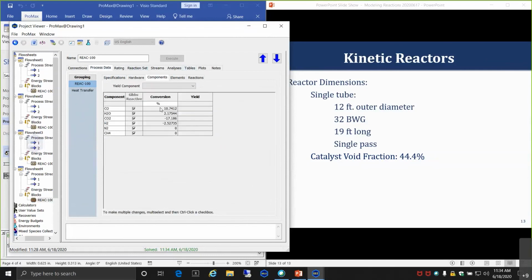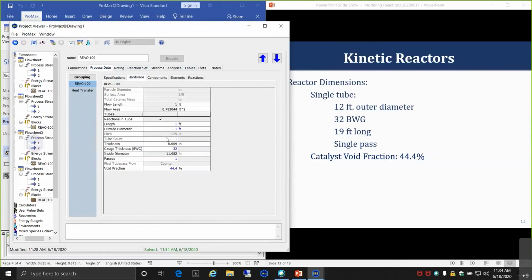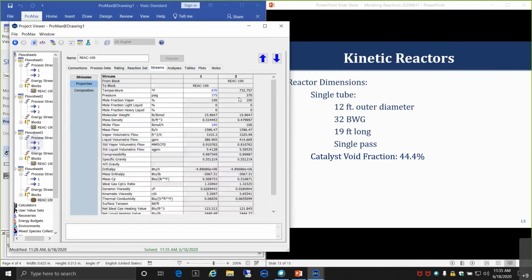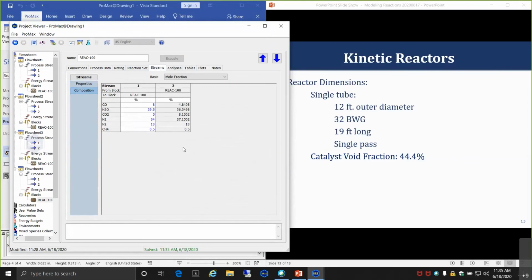And so there we only get 10% conversion. So a really small system. As you change your system size, you will get to see different amounts of conversion. Those different amounts of conversion will result in different outlet temperatures as well as compositions.